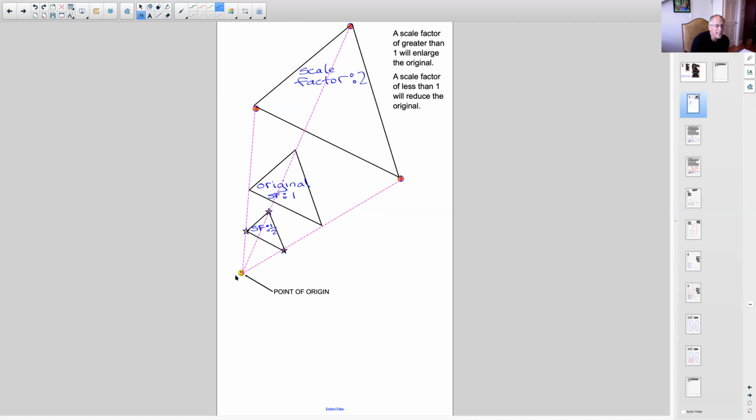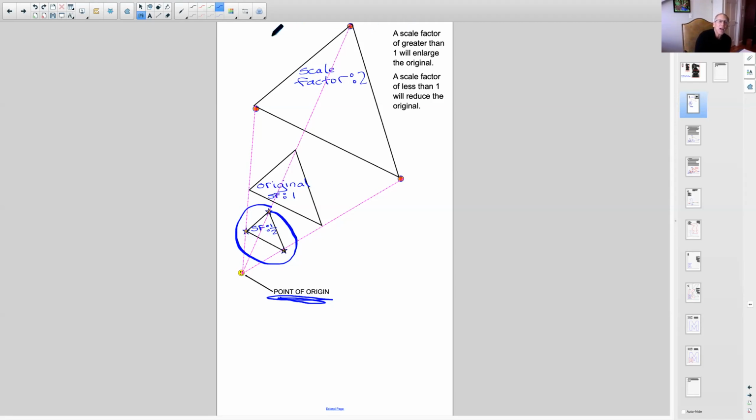Can everybody see the smiley face? Everybody say point of origin. Point of origin. Right. And so the smaller triangle has a 1/2 scale factor because it's shrunk to 1/2.